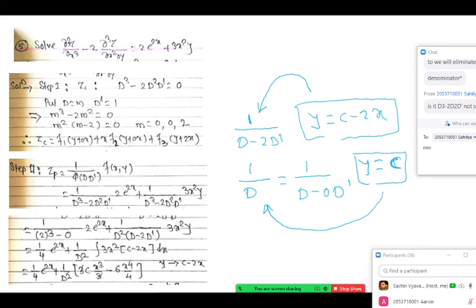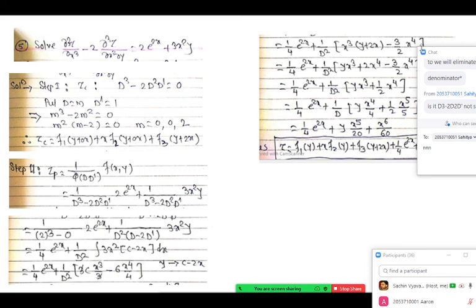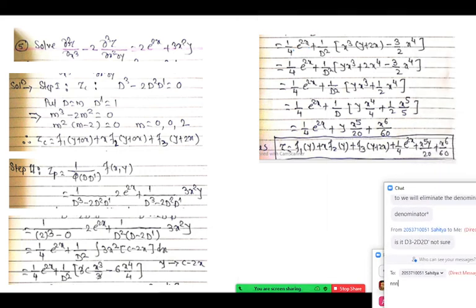Let me show you the next step. Observe the next steps here. The value of c is replaced: c is y plus 2x. And 1 upon D square is still as it is. Then it is simplified again.